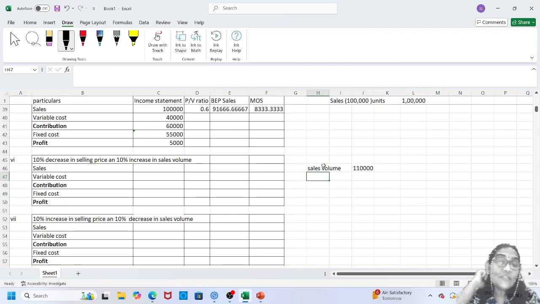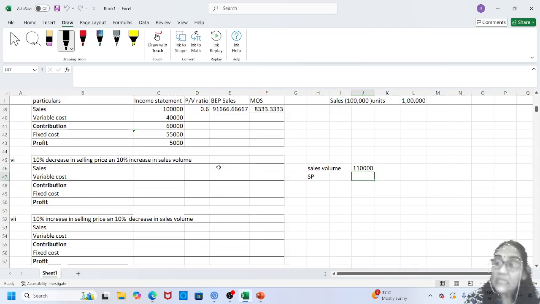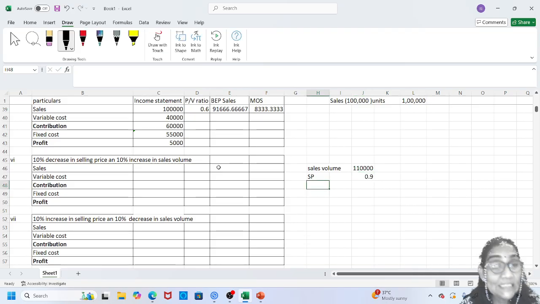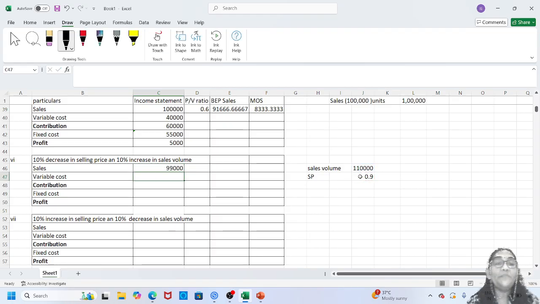So your sales volume will be 1,10,000. Selling price has decreased by 10%. Earlier you were selling for 1 rupee. Now you will sell it 10% less, that is 90 paisa. So your sales are going to be 1,10,000 multiplied by this new selling price, decreased by 10%. It is going to be 99,000.